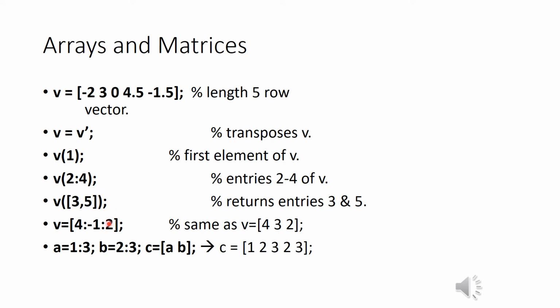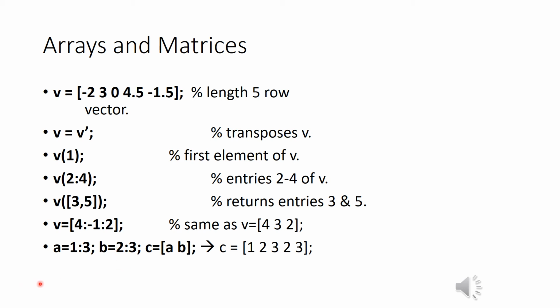Similarly, we can use v([3,5]), which means it will return the values at index numbers 3 and 5. You can also use 4:-1:2, which is the same as writing v equals 4 3 2.